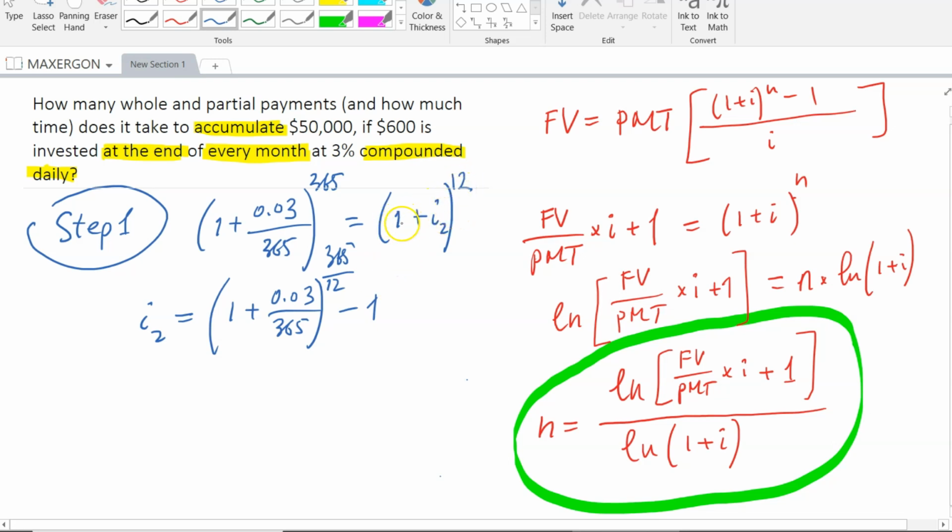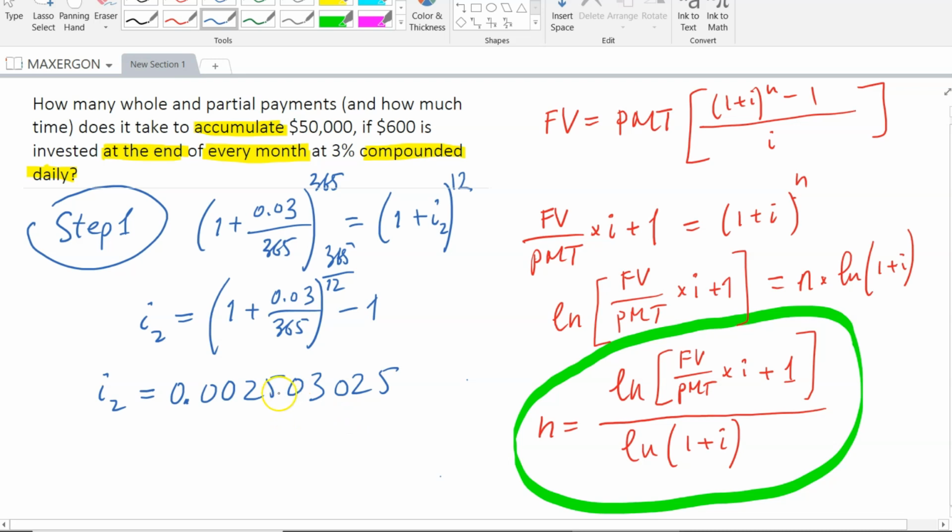Then we moved this 1 to the right side of this equation. You could use a formula and get this I2 right away. But if you don't remember that formula, you can use algebra to get to that result. So I2 is equal to 0.000250325.